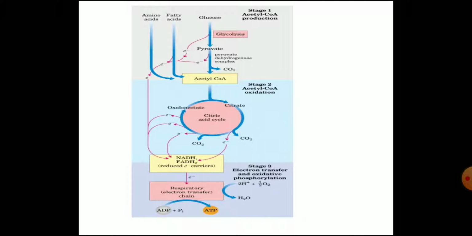Okay, so first you can see glucose by glycolysis produces pyruvate, then pyruvate dehydrogenase acts on pyruvate and produces acetyl coenzyme A, and one carbon dioxide is removed.